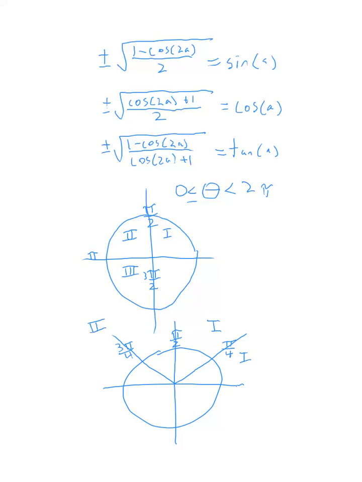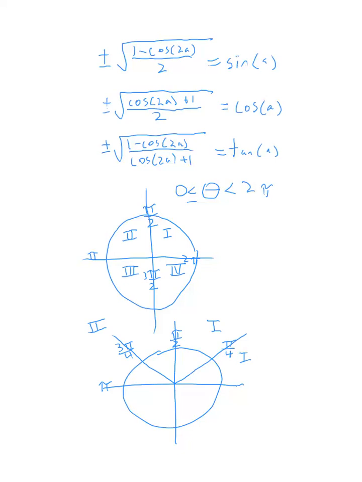And similarly, if theta was in quadrant 4, the biggest it could be is 2 pi. So once we cut that in half, the biggest theta over 2 could be is pi. Sorry, 2 pi divided by 2 goes to pi.